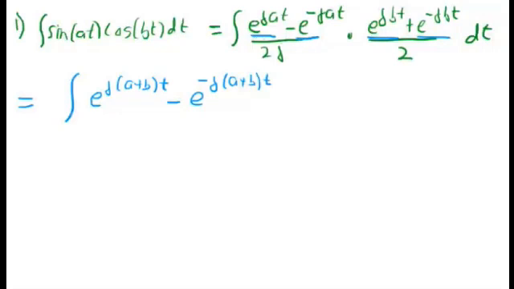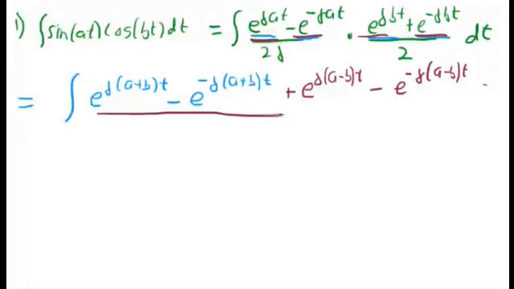Next terms are, again, the first term, e to the j at times e to the minus j bt, so we have plus e to the j times a minus b t. Last term, minus e to the minus j at times e to the j bt. That works out to minus e, and I'll put the minus out front, j of a minus b t.